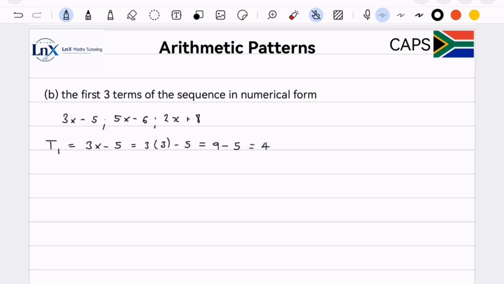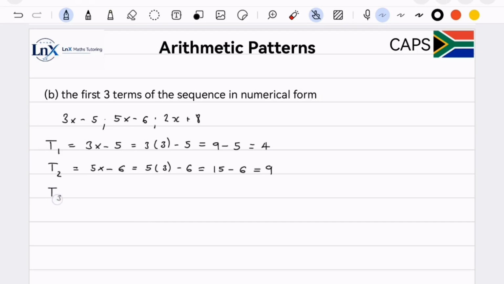4. Then you have T2, which is 5x minus 6. So you have 5 multiplied by 3 minus 6. So that is 15 minus 6, which is going to give you what? 9.